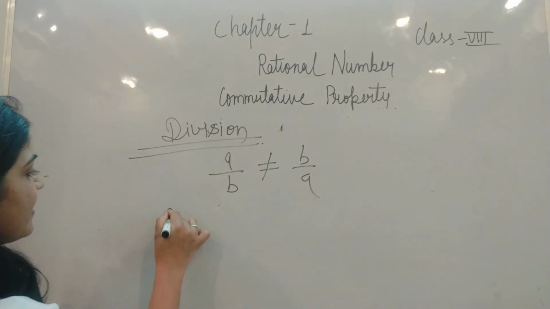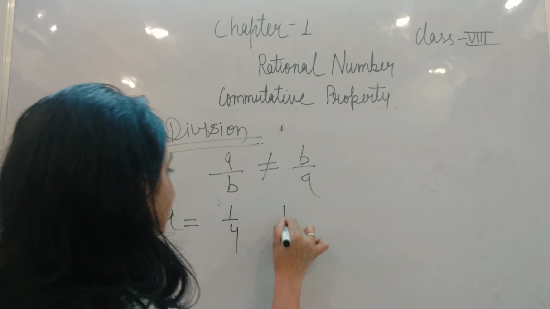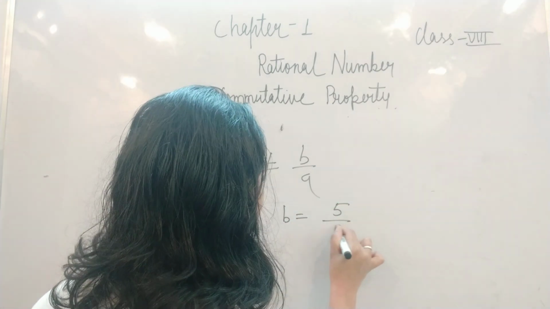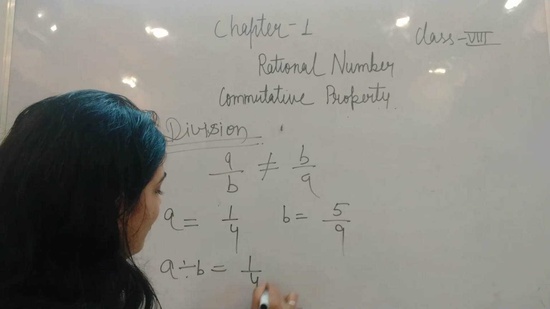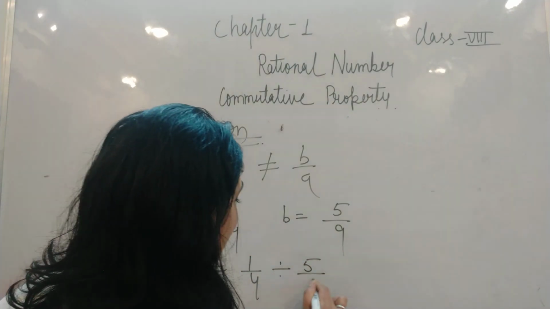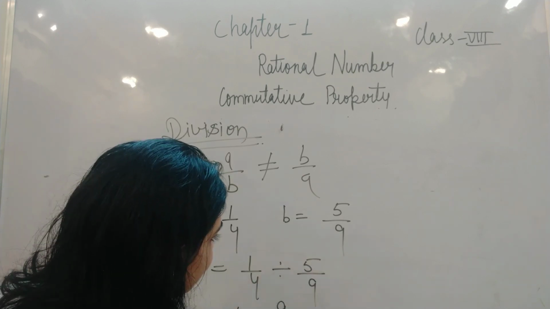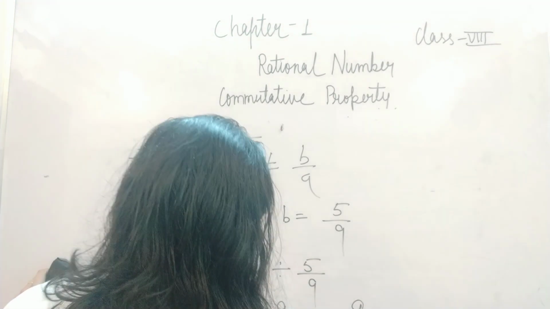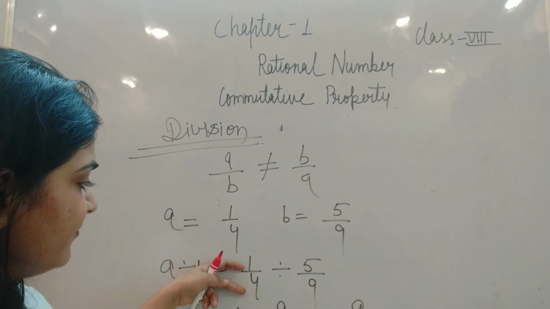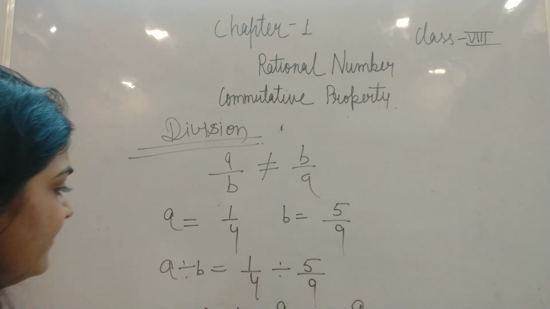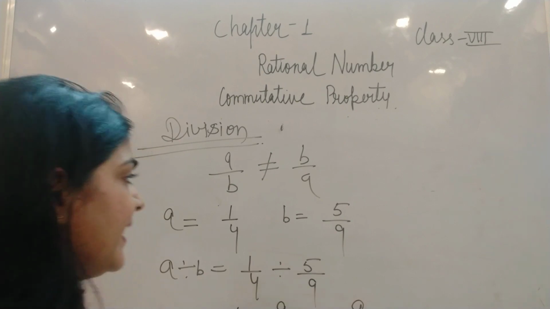I am taking one example. a is equal to 1 by 4, b is equal to 5 by 9. If we do a divided by b, that is 1 by 4 divided by 5 by 9. So what will we get? 1 by 4 multiplied with 9 by 5. What will we get? 9 by 20.